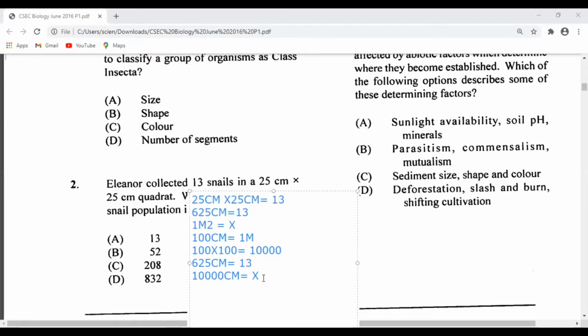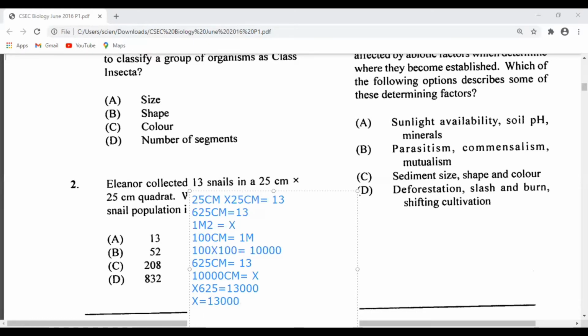So now it would be x times 625 equal to 13,000. And to find x we have to bring over the 625, which we do with the opposite operation, because x and the 625 are being multiplied, so we have to divide.